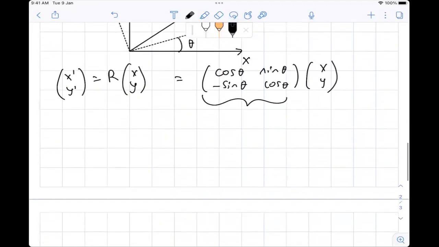Okay, so what does it do? If I were to write it in a short way, I would write r prime equals R times r. If r is this and r prime is this, then r transpose would be a row vector like this.